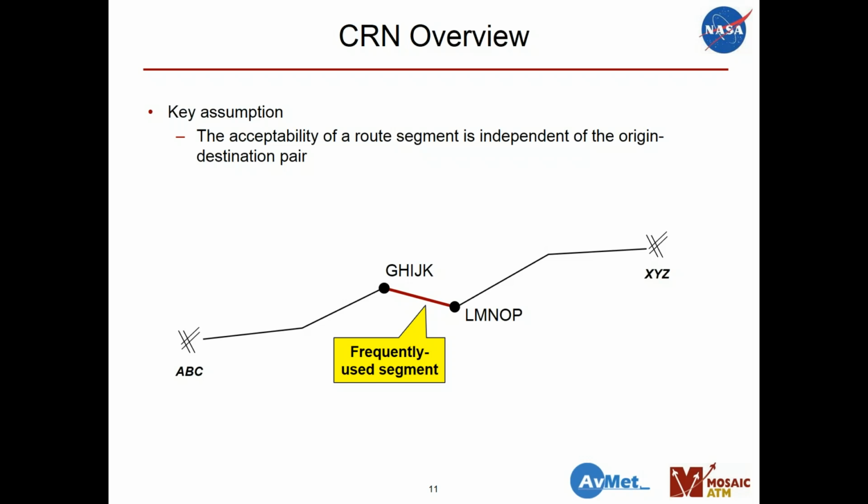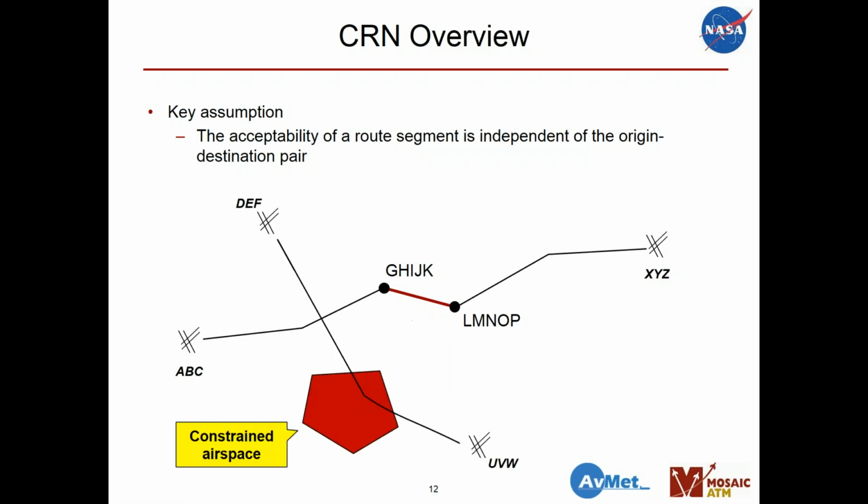So if you look at a case where you have a number of flights flying between airport ABC and XYZ, and many of them are using this route segment that's just from waypoint GHIJK to LMNOP. So that is a frequently used segment, and we've identified that in the CRN database.